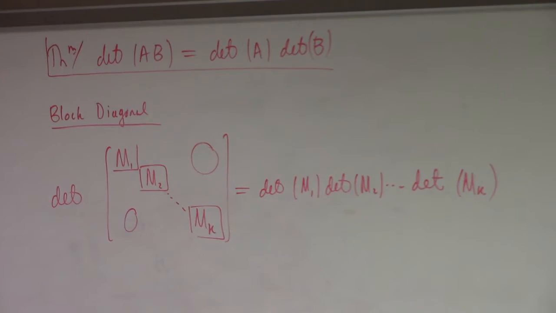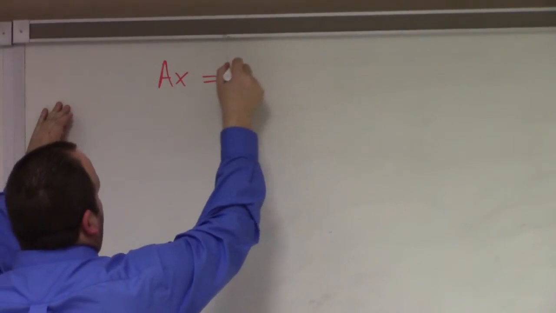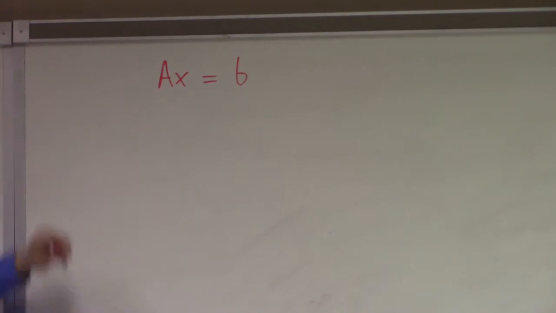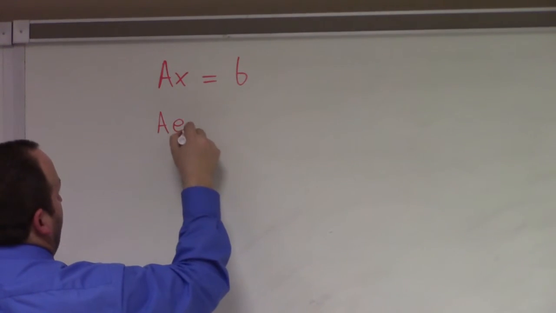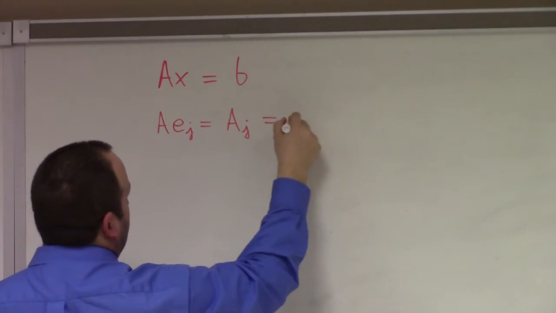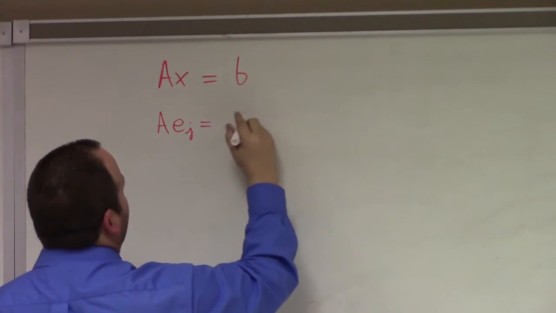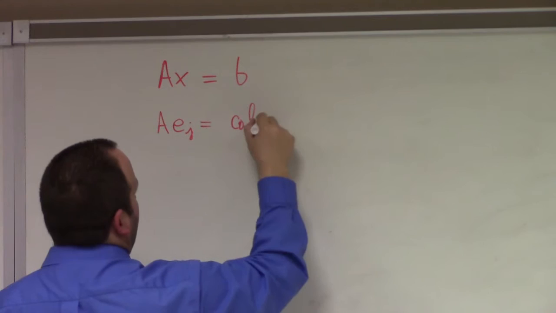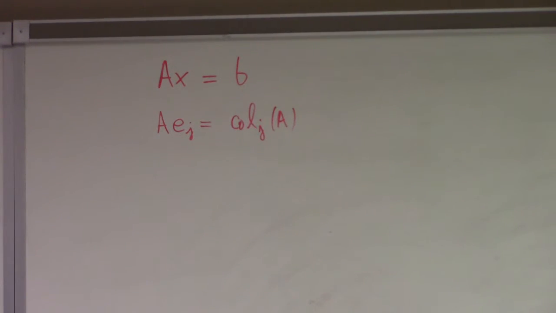Check this out. If I'm trying to solve AX equals B, and let's suppose A is invertible, right? I can do this. Of course, A Ej is equal to the jth column of A. Sorry, column j of A. So I could even do this.